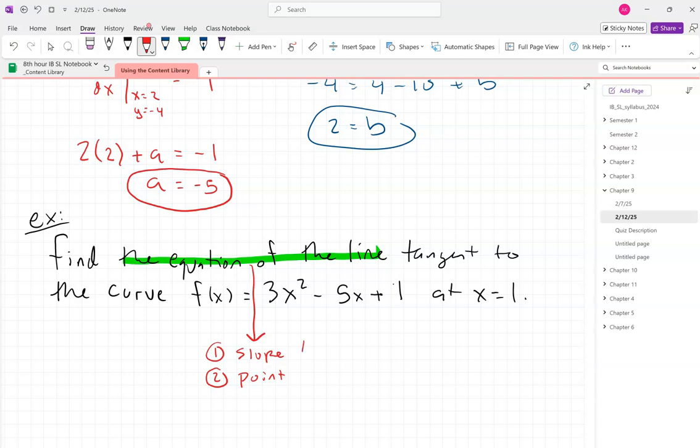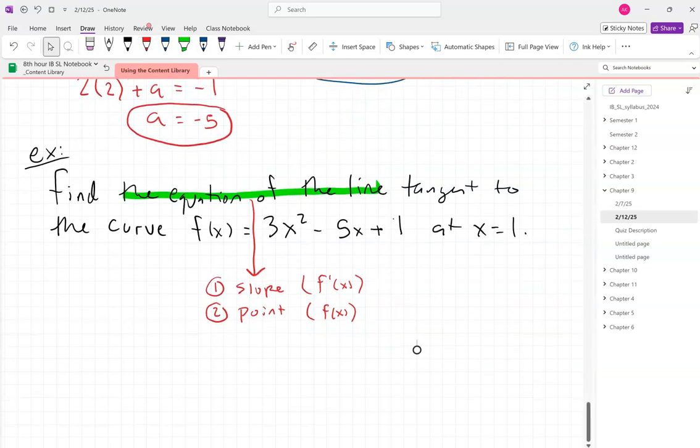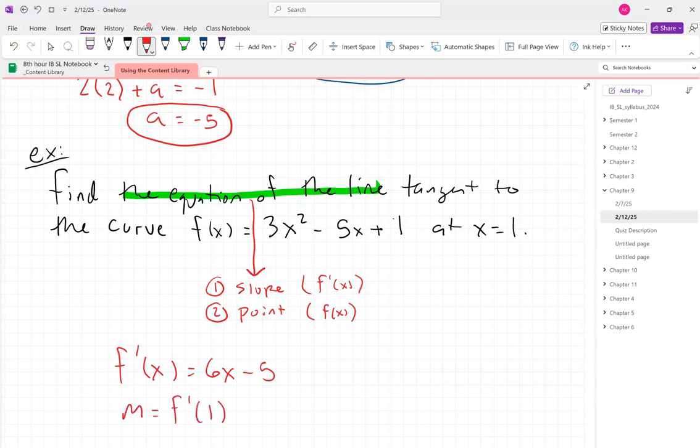Where is the slope going to come from? The derivative. Where is the point going to come from? The original function. So let's compute the derivative. The slope here is going to be the derivative evaluated at 1.